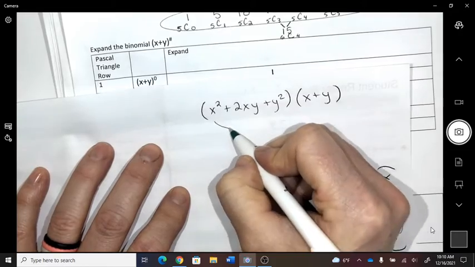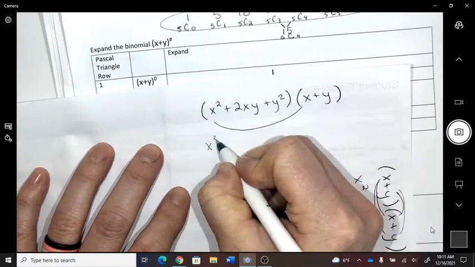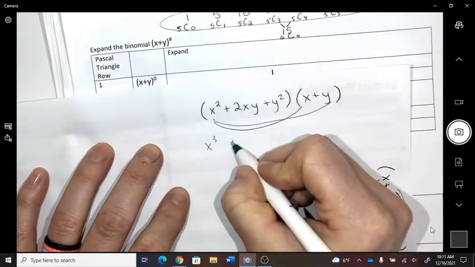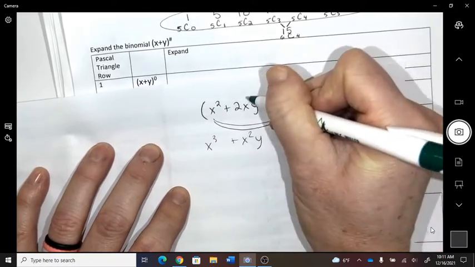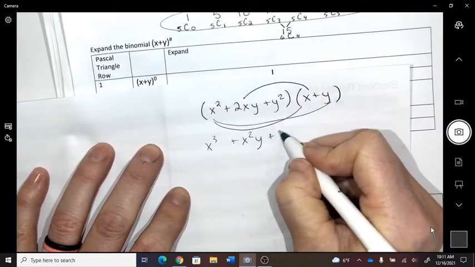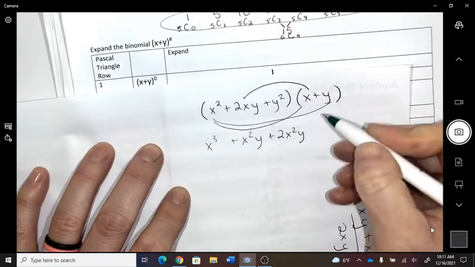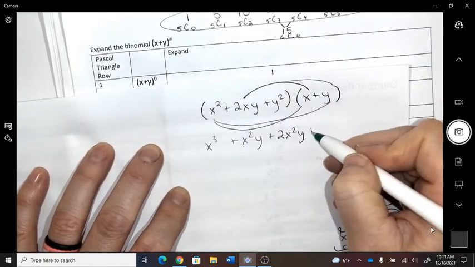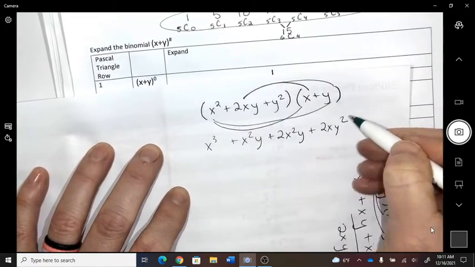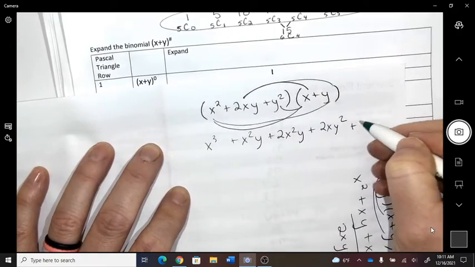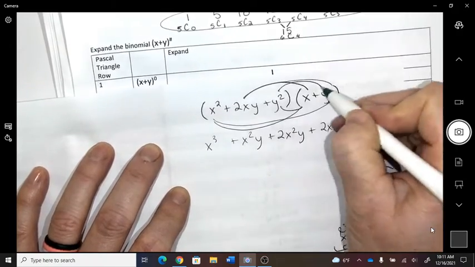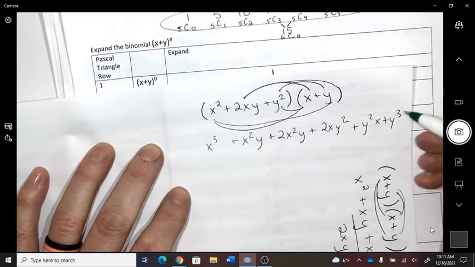Don't do this because you'll never have to do it. x cubed plus x squared y plus 2x squared y plus 2xy squared plus y squared x plus y cubed.